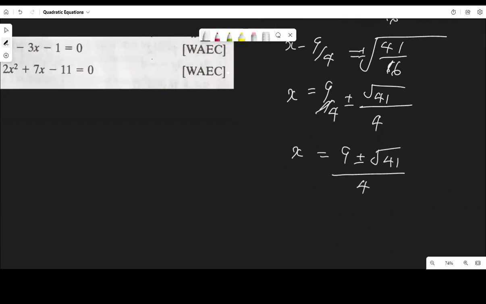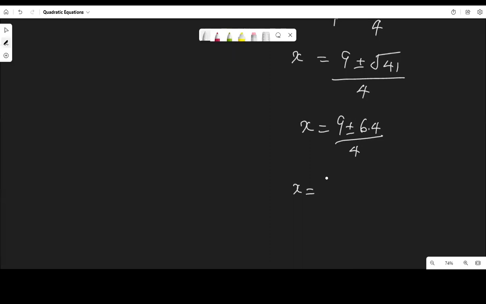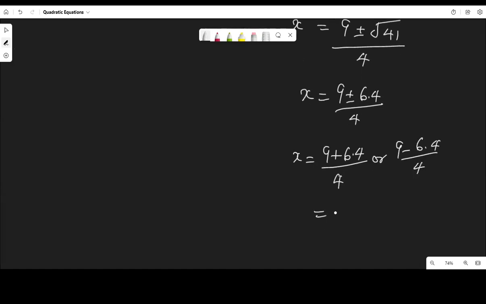Square root of 41 is 6.4 approximately. So s is equal to 9 plus or minus 6.4 over 4, which means when we say plus or minus, that is 9 plus 6.4 over 4, or 9 minus 6.4 over 4, which is 15.4 over 4, or 2.6 over 4. So you can read it this way if you like.